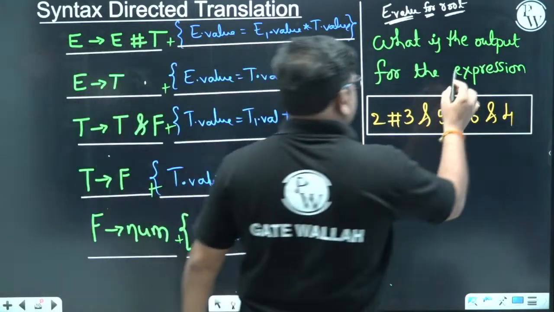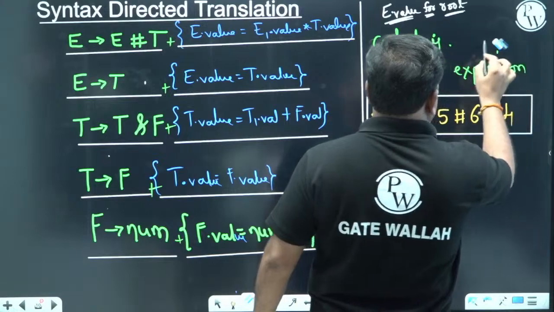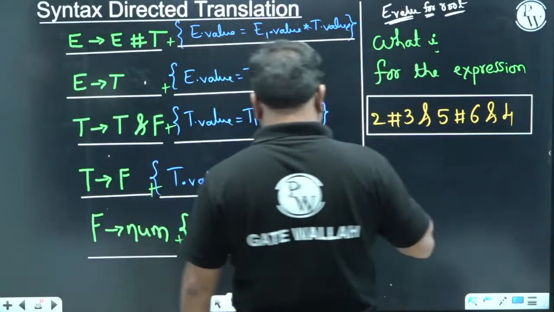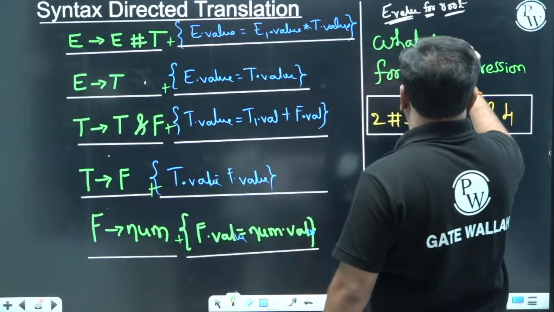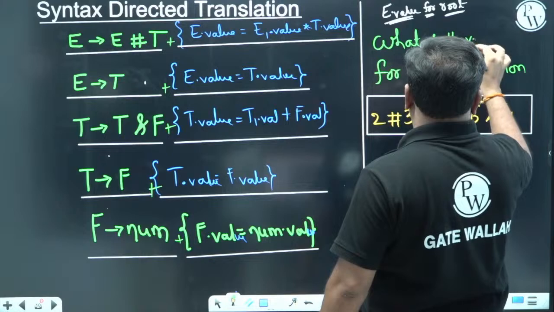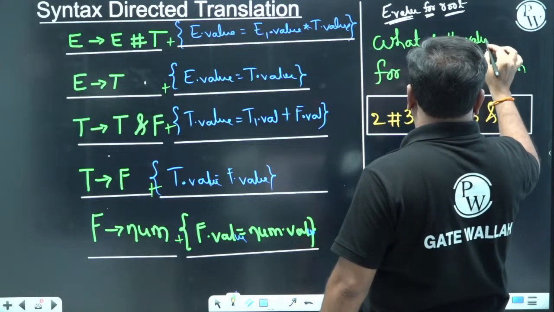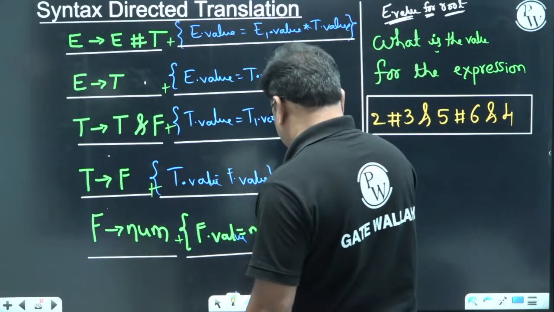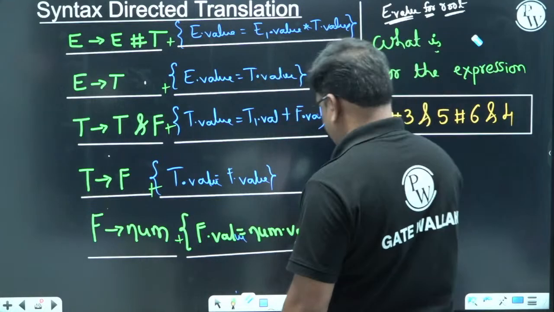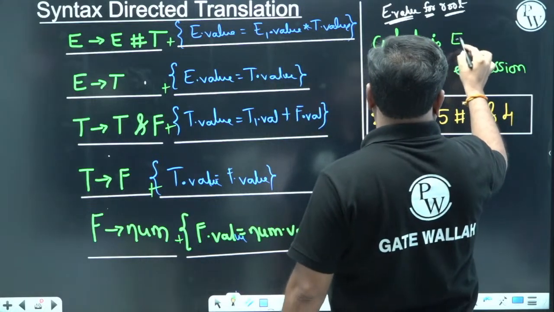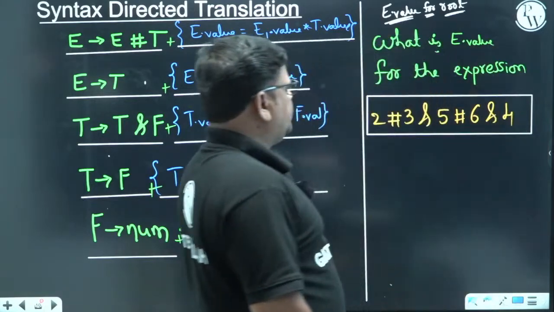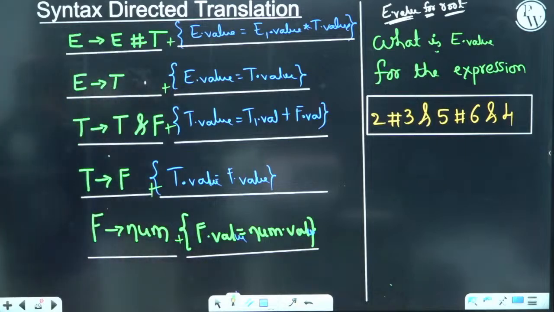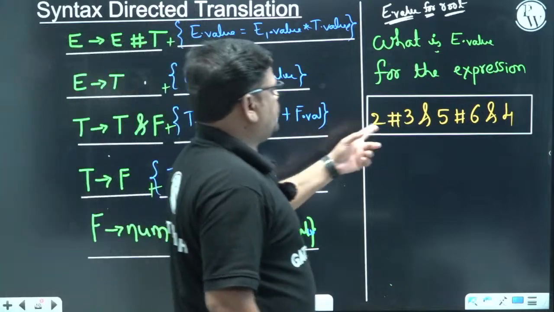I'm changing this question to: what is E dot value for the expression 2-3?